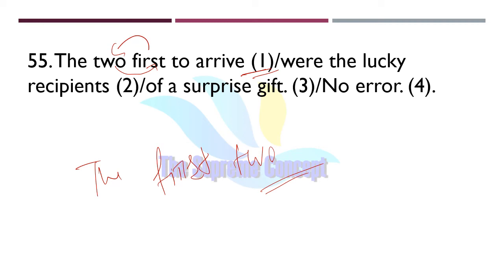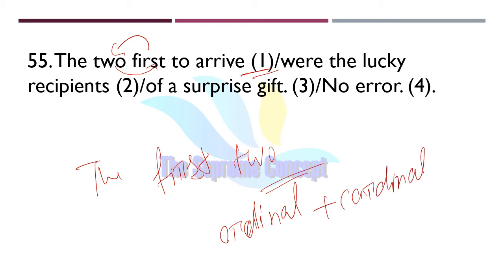Why so? Because adjectives are arranged in a particular order, which is ordinal, then cardinal number. Ordinal is first, second, third, fourth, fifth.